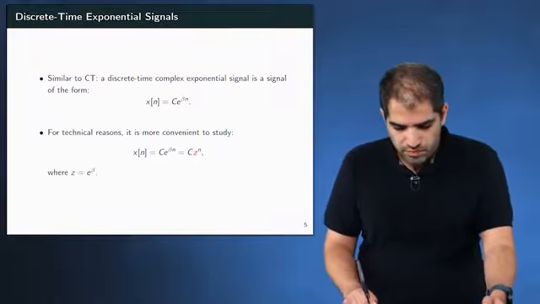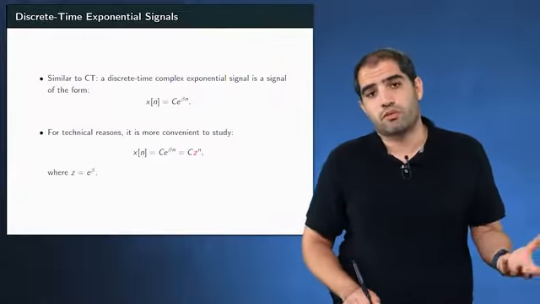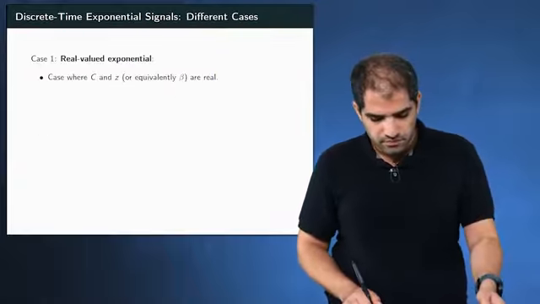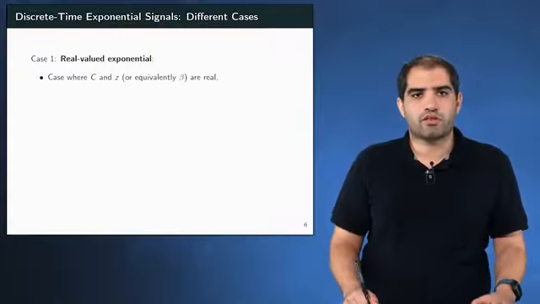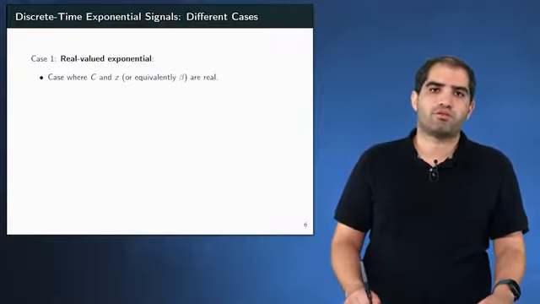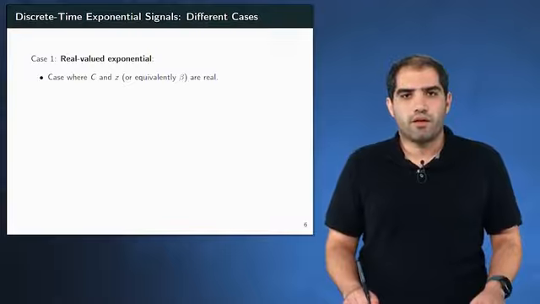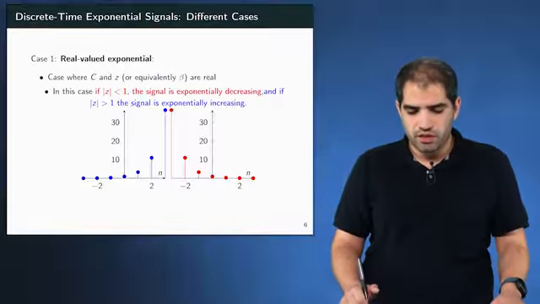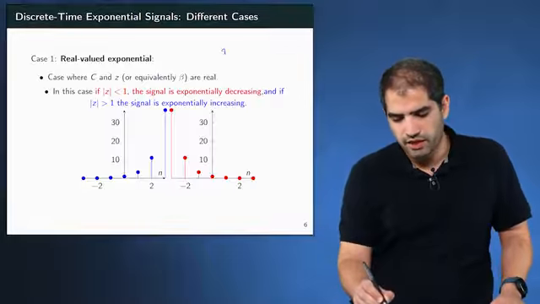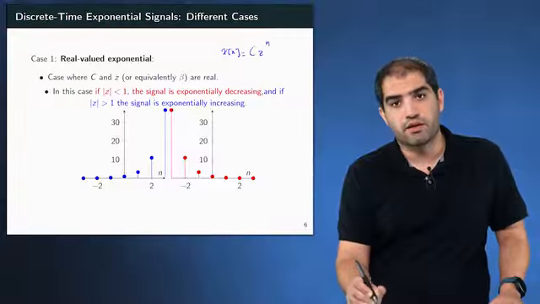So in discrete time, again, we're looking at signals of the form c times z to the n. And again, there are multiple cases. The pure real-valued exponential, where both c and z are real valued. Remember that x[n] is c z to the n.